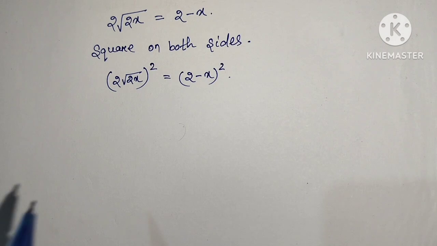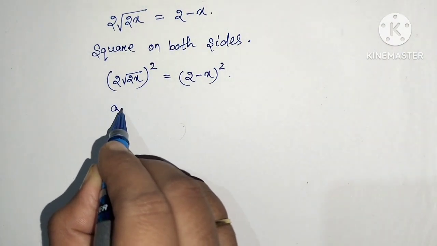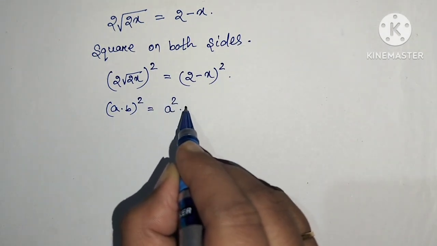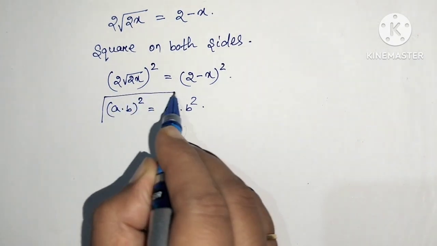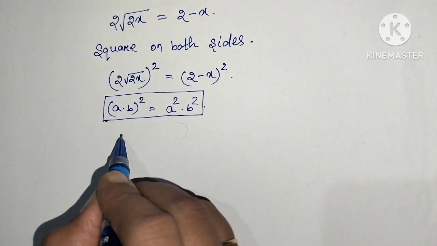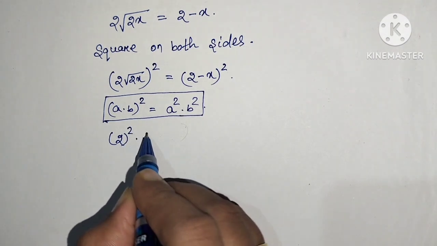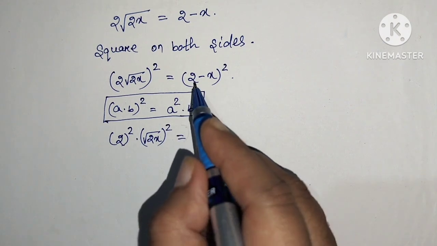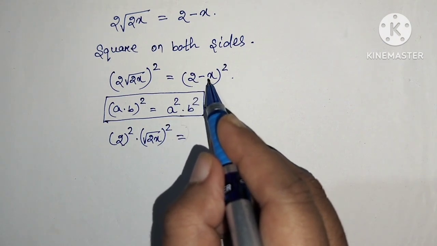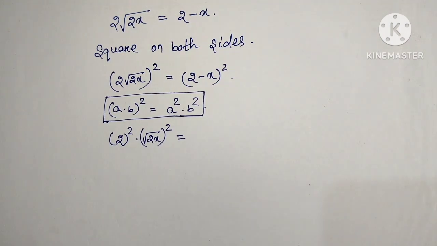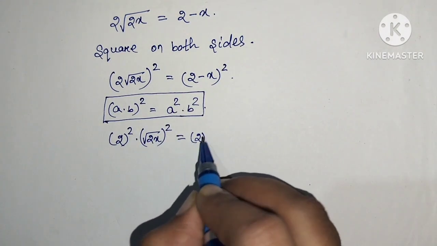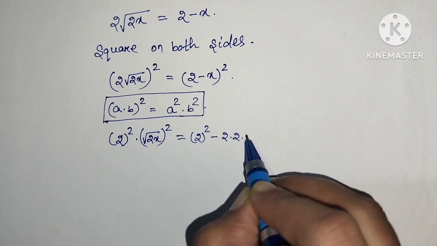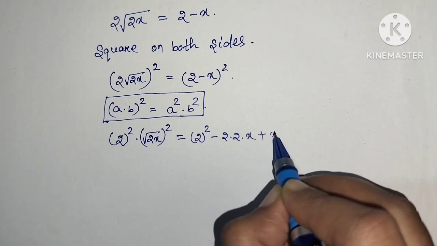Then we know (a into b) whole square is equal to a square into b square. We apply here. Then 2 square into (root of 2x) square is equal to (a minus b) whole square. We know (a minus b) whole square is a square minus 2ab plus b square, so it is 2 square minus 2 into 2 into x plus x square.